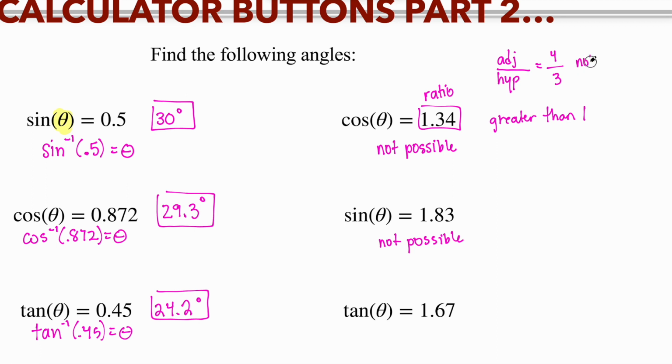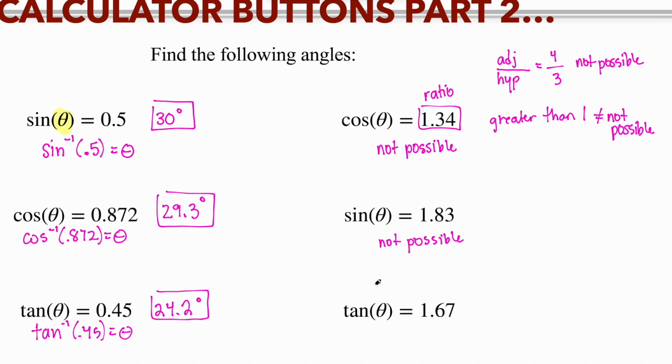Your hypotenuse will always be the longest side of a triangle. And so that is why if you have a number that is bigger than 1, that means the number on top was bigger than the number on bottom, which means that's not a possible triangle to have. So if you have greater than 1, it is not going to be possible.